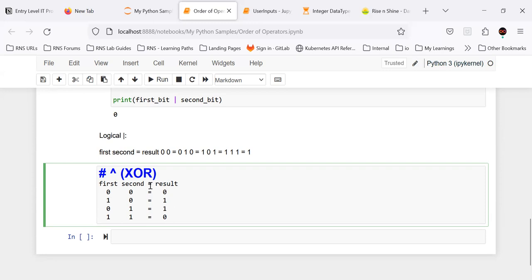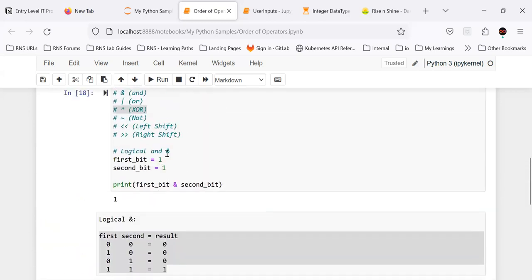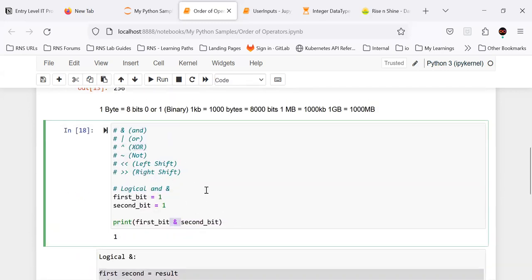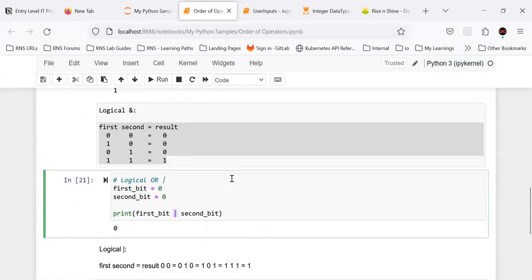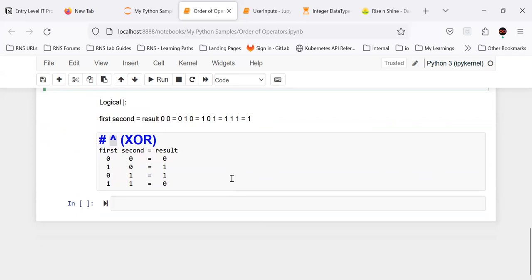This is the exclusive OR, and what is the symbol which we use? It is the caret notation. So ampersand is for logical AND, pipe symbol is for logical OR. Now we are going to talk about one more, that is exclusive OR, the caret symbol.